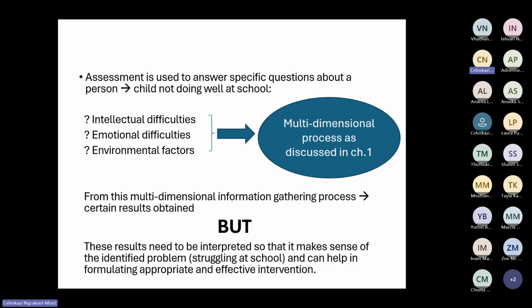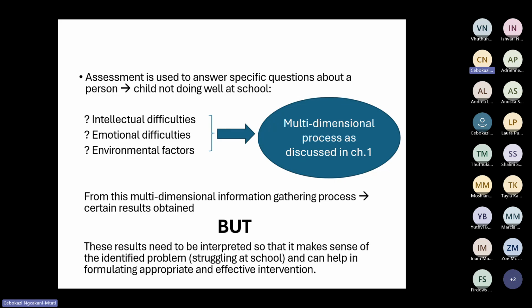And that's looking at multiple settings, multiple sources, getting collateral information from multiple sources. And what we are asking could be, is it intellectual difficulties that this child is struggling with? Is it emotional difficulties? Is it environmental factors?